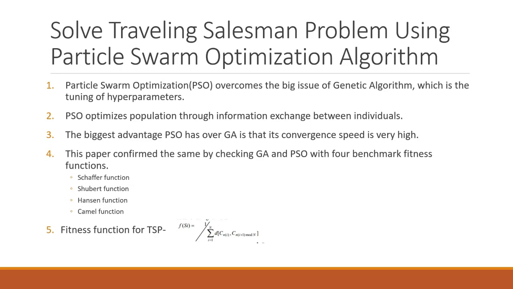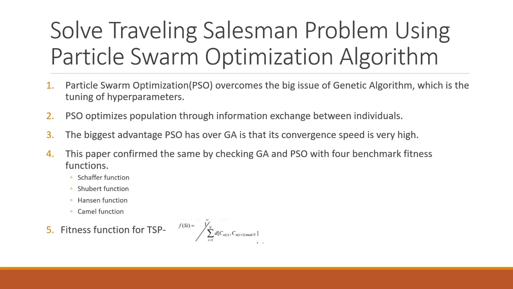This was confirmed in this paper, when they applied GA and PSO for four different fitness functions, which are the Schaffer function, Schubert function, Hansen function, Camel function, and each of them showed that PSO was faster to converge than the genetic algorithm.